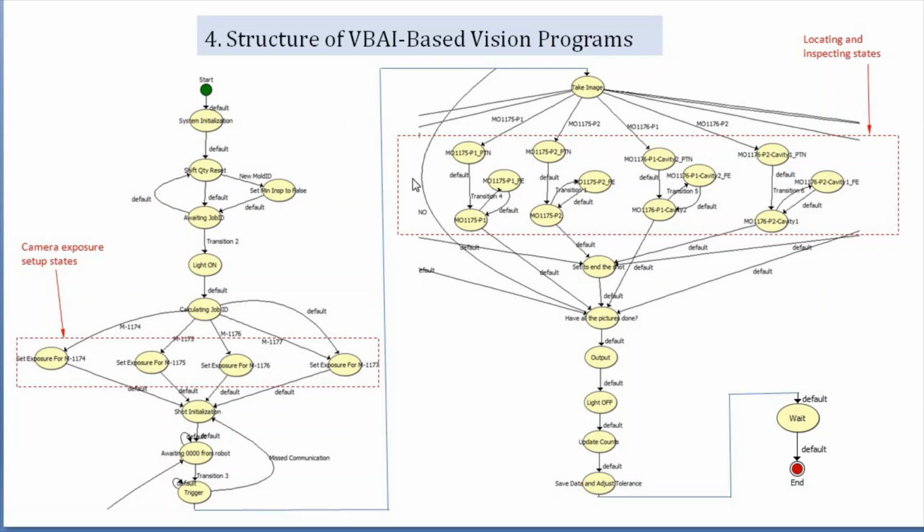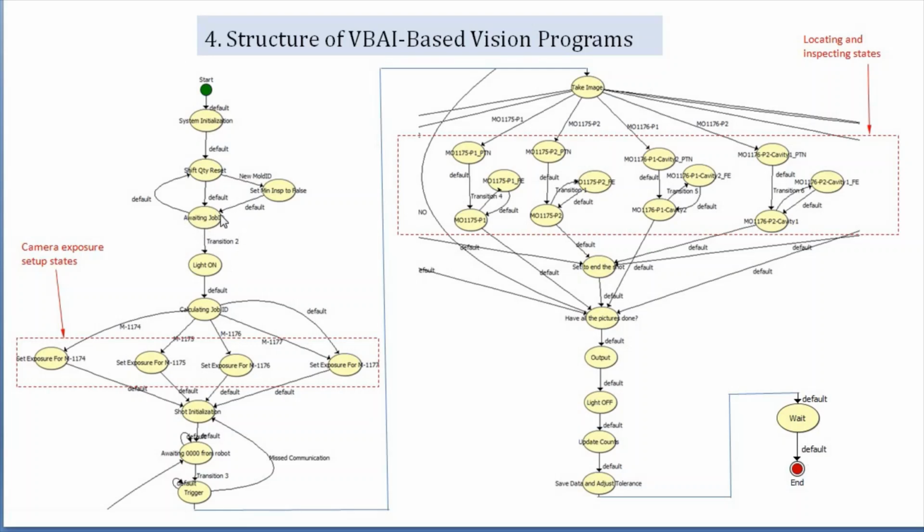Shown here is the structure of VBAI-based vision programs. This is actually a program running at station 16. At each cycle, it starts from here and ends here.